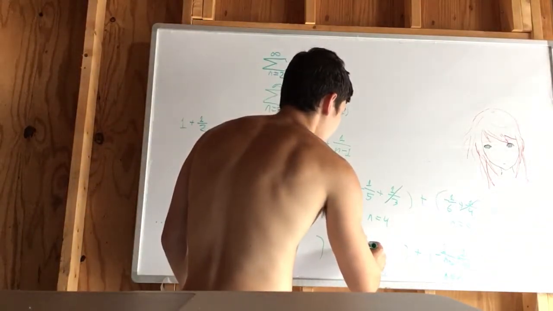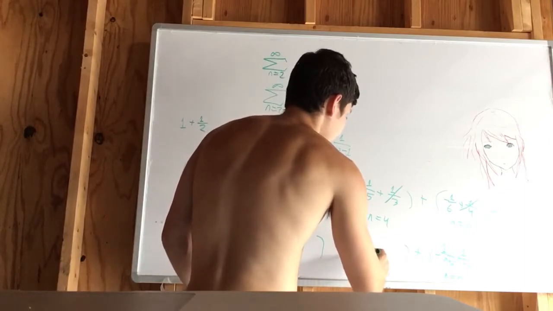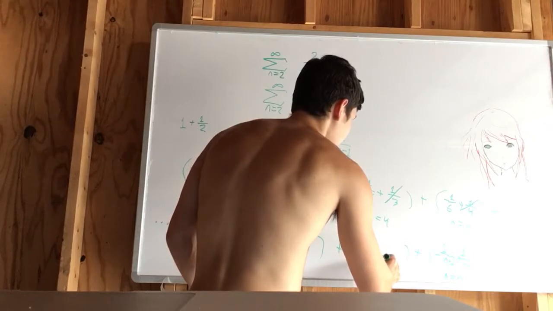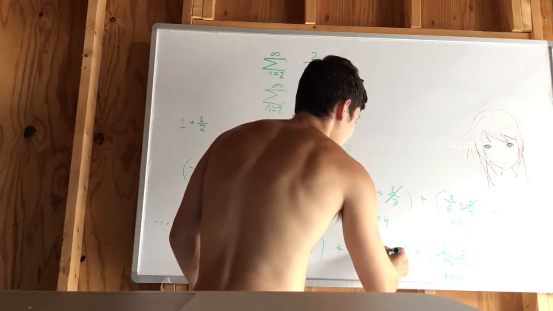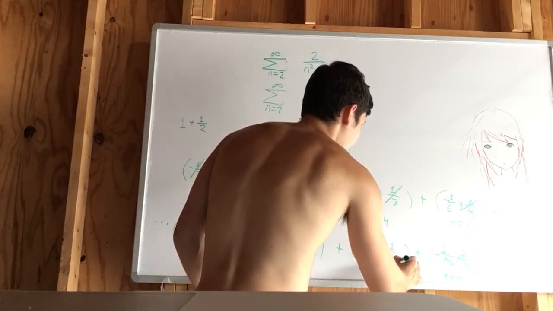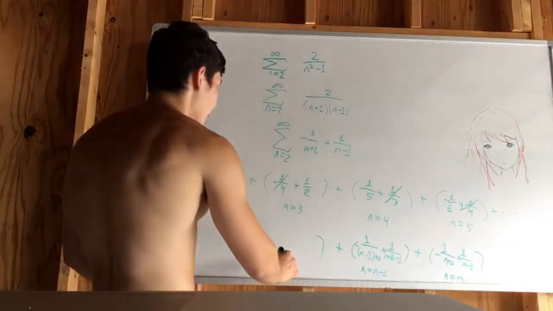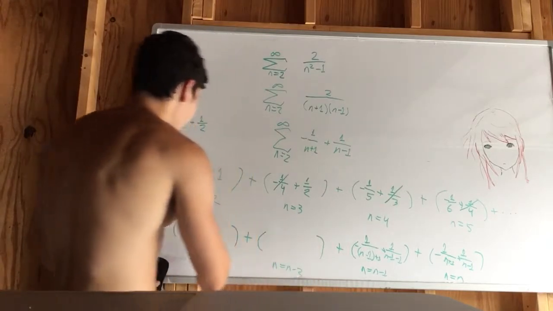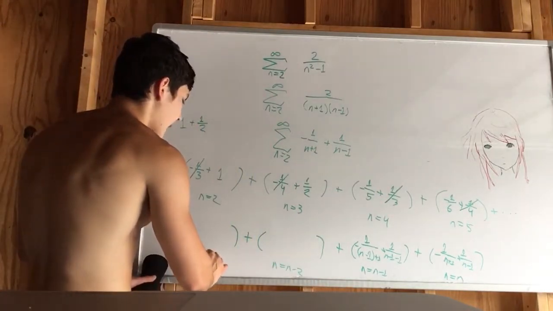So this would be negative 1 over n minus 1 plus 1, plus 1 over n minus 1 minus 1. Here we're plugging n equals n minus 2. Here we're plugging n equals n minus 3.